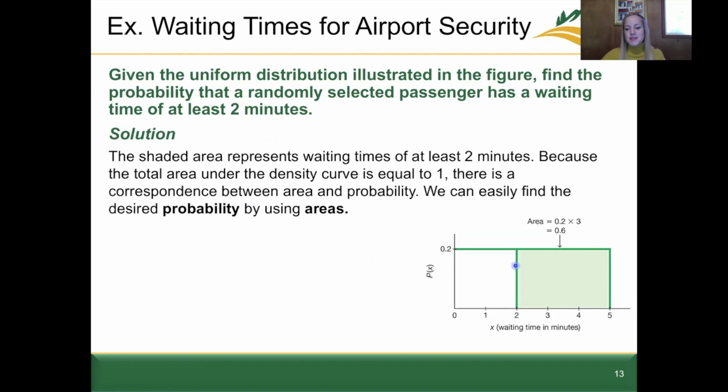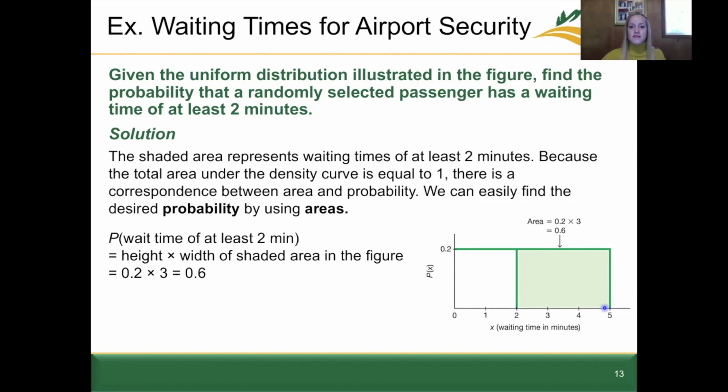So here's our solution. We're going to denote a line here, so the waiting time can be exactly equal to 2 minutes or anything beyond that, up to a total of 5 minutes, right? So all of this shaded region represents the probability that we want to figure out. Because, so conveniently for uniform distributions, this whole area is equal to 1, we can figure out the area of just our shaded region.